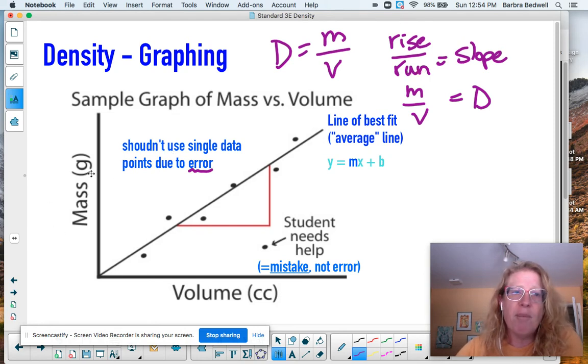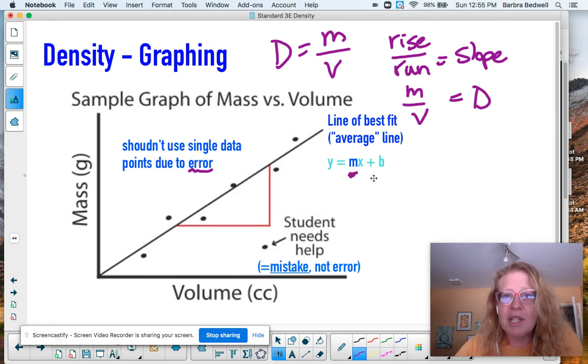Notice how we've got mass is rise and volume is run. That means the slope of this line right here is equal to density. And that's how we can use measurements in a lab with a line of best fit to give us that concept of what density is.